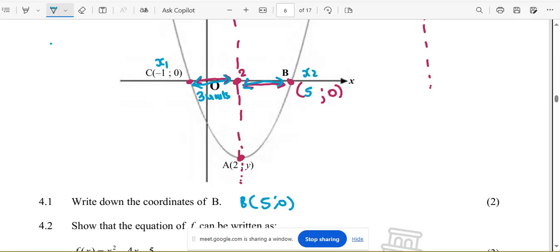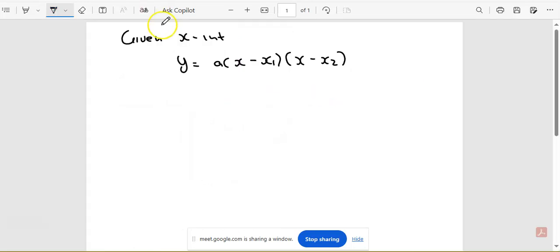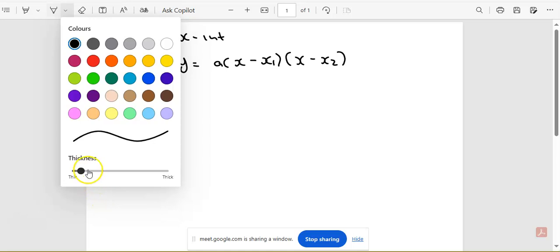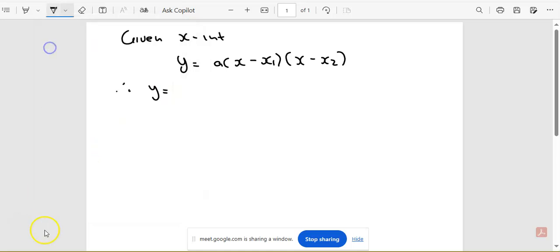So I have to minus minus 1 and 5. Therefore, y will be equals to a into x minus, inside the bracket, minus 1. Close the bracket, then x minus 5, which is my x2.